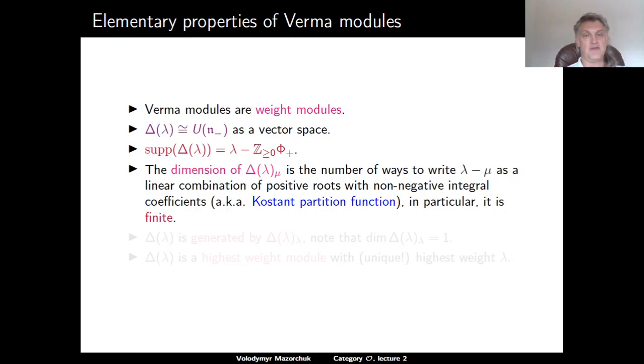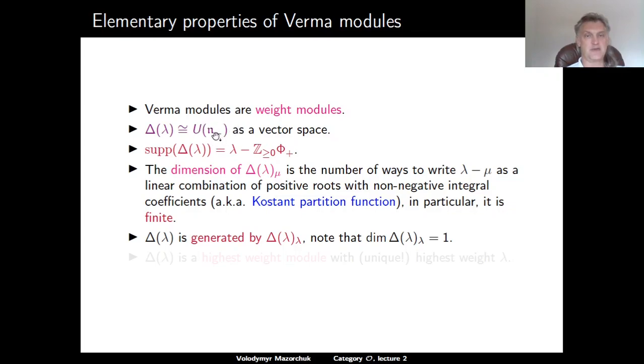In particular, it follows that this dimension is finite. So each Verma module is a weight module with finite dimensional weight spaces. By definition, Δ(λ) is generated by the weight space Δ(λ)_λ, and the dimension of this weight space is 1, so it corresponds to constants in the universal enveloping algebra of n minus.